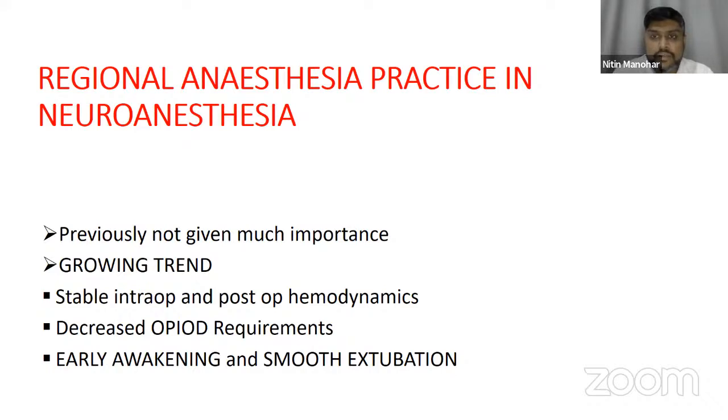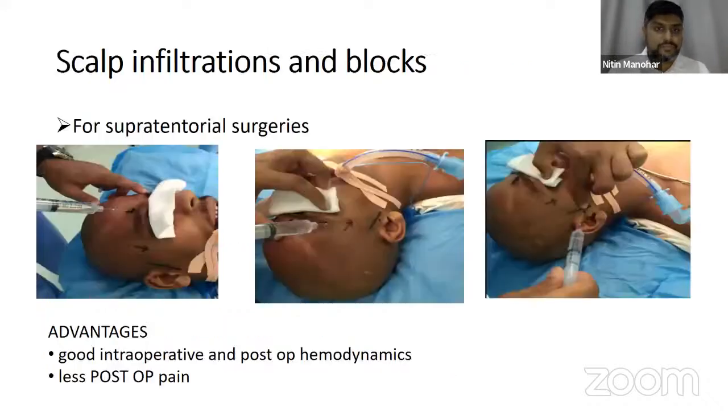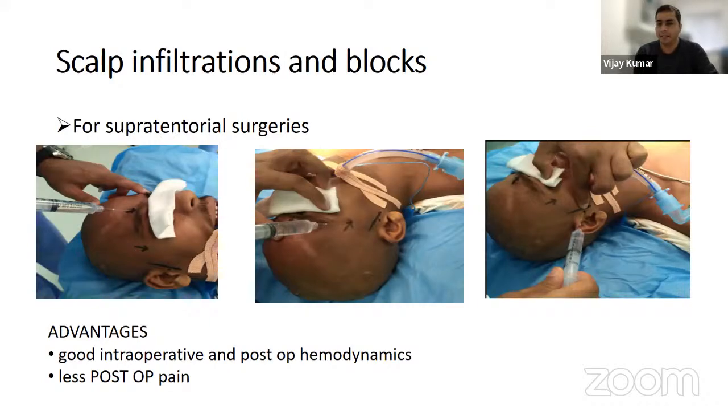And I think we all need to emphasize that scalp block is a low risk procedure with low complications, and you don't need much specialized ultrasound expertise. Yes, Dr. Vijay, any other point you want to make? If somebody doesn't want to give a scalp block, there is a way around. Just give a pin site infiltration when they are pinned, and tell the surgeon when they are closing the wound to just infiltrate the skin.